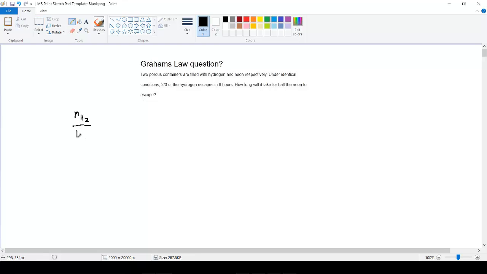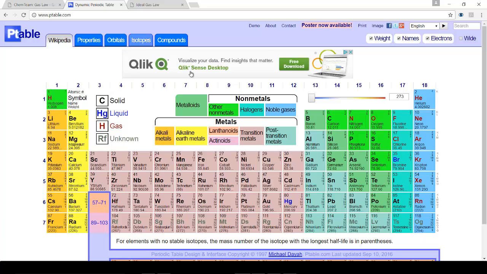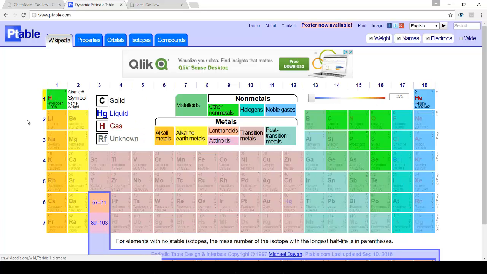And then we're going to divide by the rate of neon gas. And neon is a noble gas. Let me bring up my periodic table here. Again, hydrogen is in this first group, so it's going to have one valence electron and it wants to try to get 2, so it's going to double up, try to grab one from the other hydrogen.